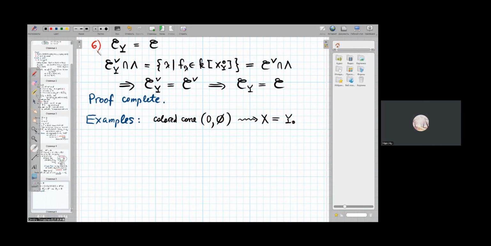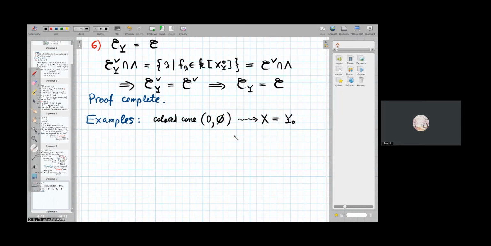Well, let me do a bit more complicated. Well, I have a question. Yes, please. So the relative interior of the zero cone is the zero itself, right? Exactly. Just by definition, because what is the relative interior? You have to remove all proper faces from the cone. But if the cone consists of a single zero vector, there are no proper faces.